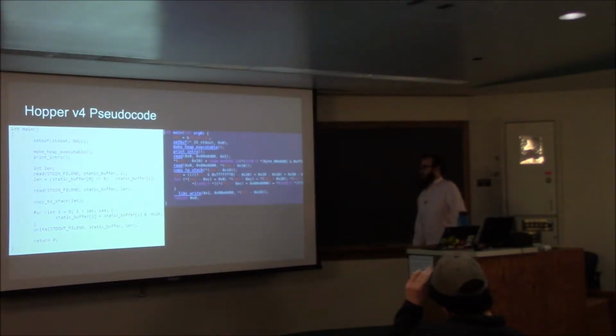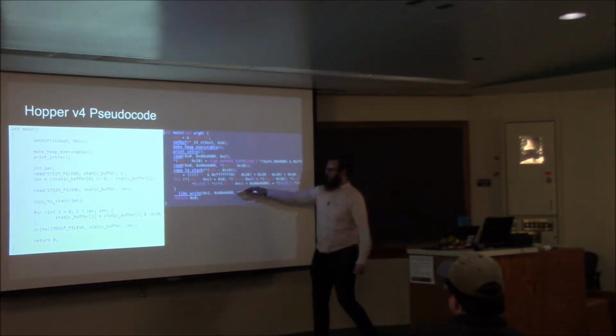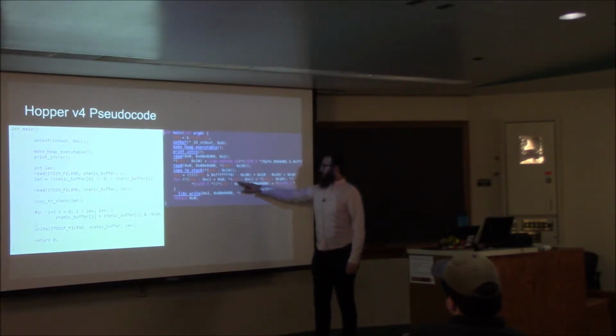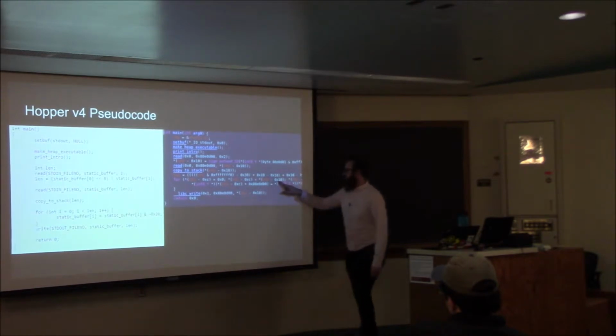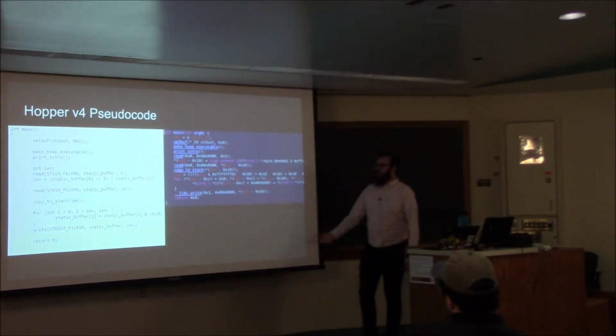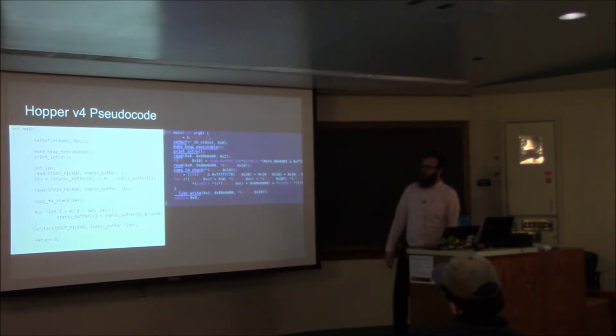Hopper is the other one that has pseudocode, but it's really not readable. If you do copy this out and try to edit it a little bit, and you make the guess of EBP minus 0xC is probably I, because you do I equals 0, I is less than other variable, you can edit it, make it look a little bit better, but out of the box, it's nowhere near IDA.